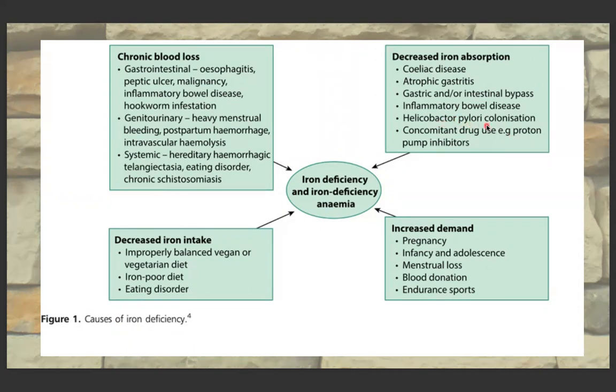Helicobacter bacteria also lead to decreased iron absorption. Sometimes there is increased demand: pregnancy itself can lead to increased demand, and also menstrual loss and blood donation. So these are the causes of iron deficiency anemia.